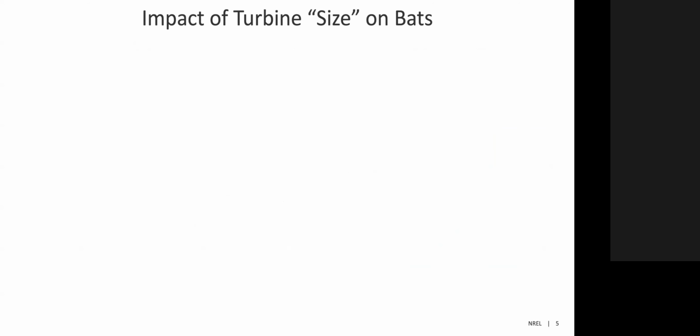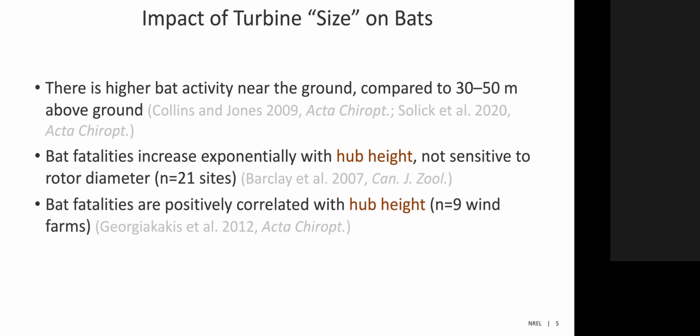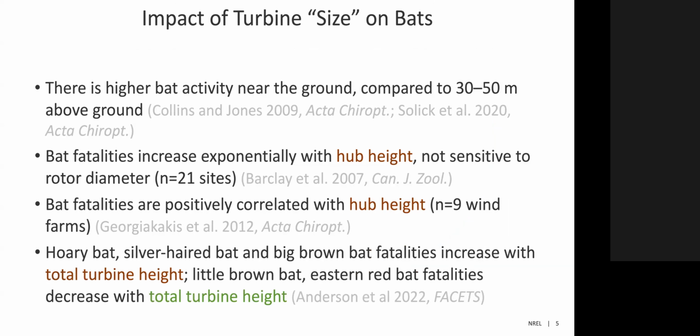So what is the impact of turbine size on bats? We generally know that there's more bat activity near the ground. Studies have also shown that as we make the turbines taller in terms of hub height, the fatalities or bat mortality in general tends to increase, which makes sense because we're encroaching on a larger part of their aerial habitat. We've also seen that there are some species-specific effects.